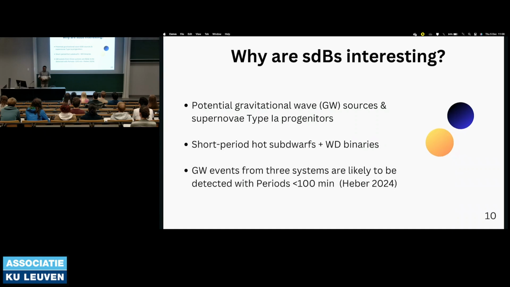Lastly, some of these sdBs also represent potential gravitational wave sources and supernova progenitors. This is particularly true for the short-period hot subdwarfs with white dwarf binaries, and 3 of them are known so far to be likely gravitational wave source systems to be detectable by future gravitational wave surveys.